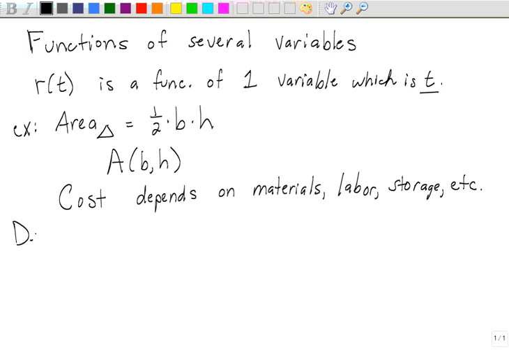So the definition is pretty much the same as for one variable, but let's just do two variables.